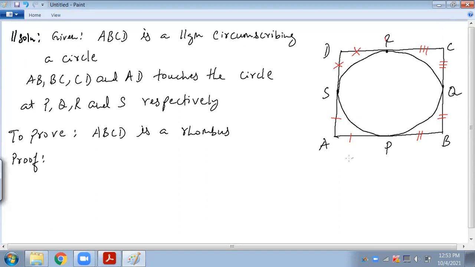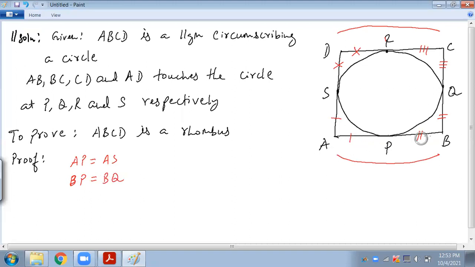Now, we know that ABCD is a parallelogram. So the opposite sides AB and CD are equal. We'll keep all the parts of AB and CD on the left side. The parts of AB are AP and BP, the parts of CD are CR and DR. So first we'll take AP equal to AS. Then we can take BP equal to BQ.